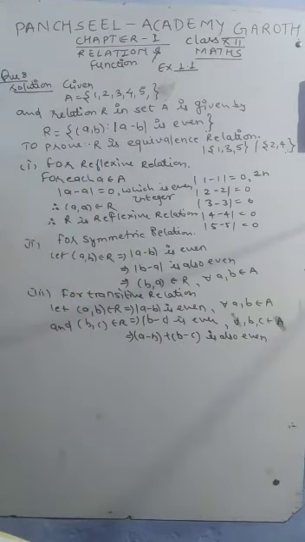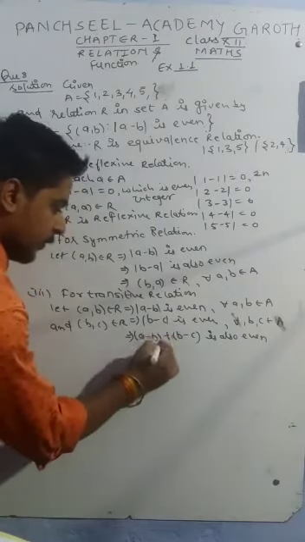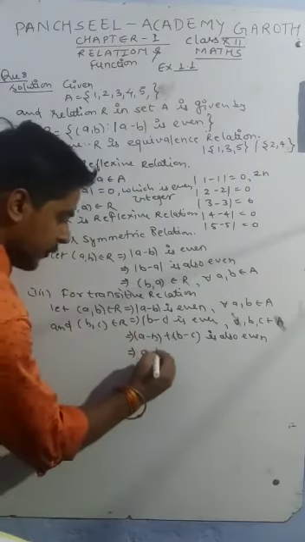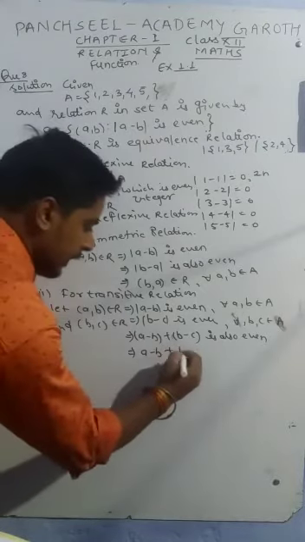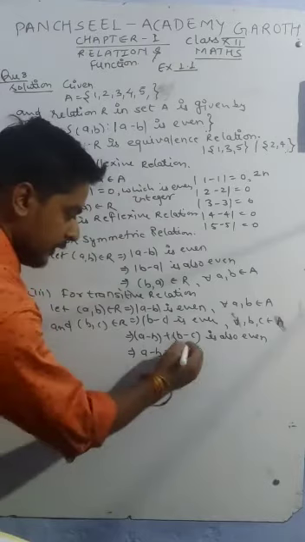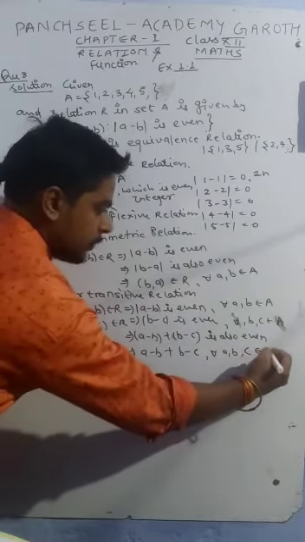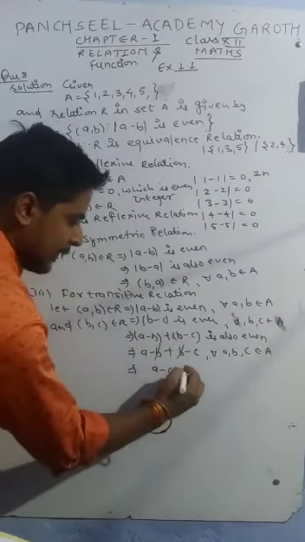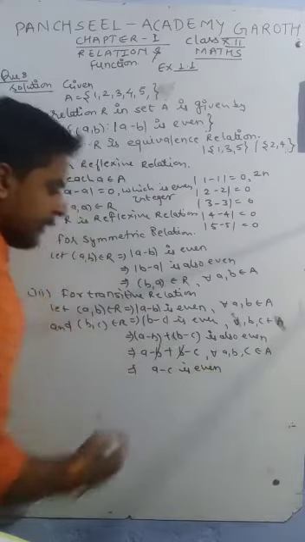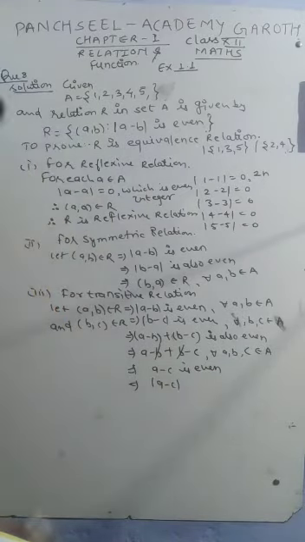The sum of two even integers is also even. We have taken this value out of the modulus, and this proves that A minus B plus B minus C is even for all A, B and C belonging to A. This will be cancelled, then A minus C is even.